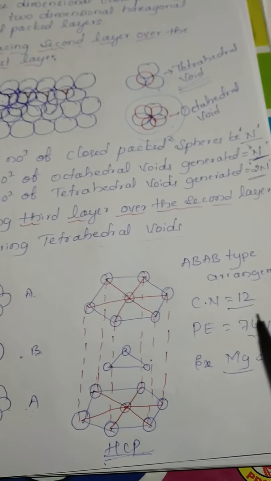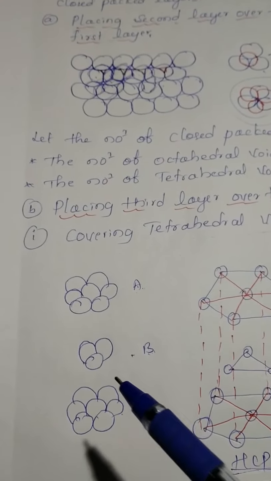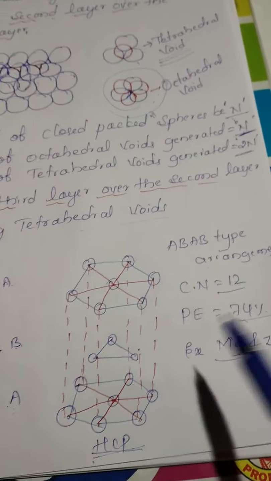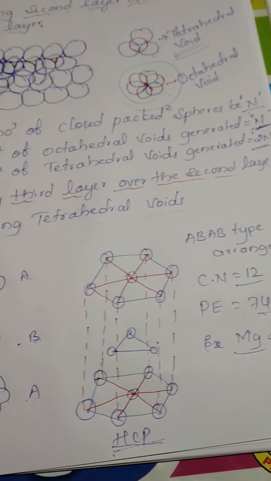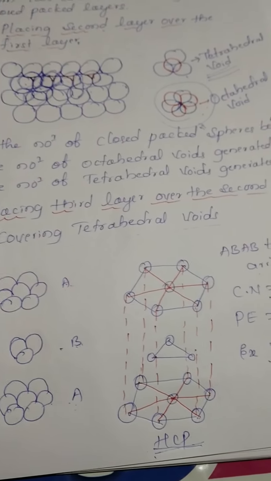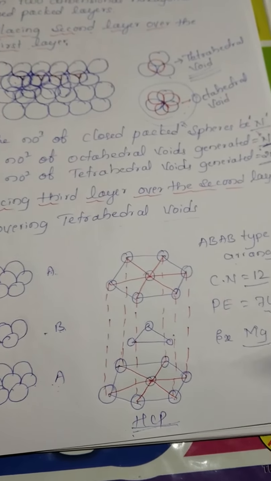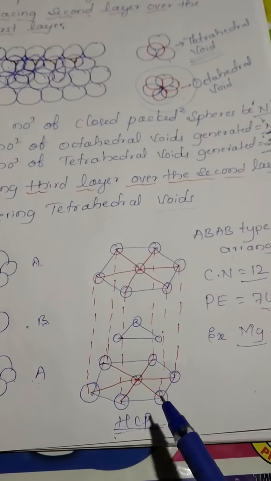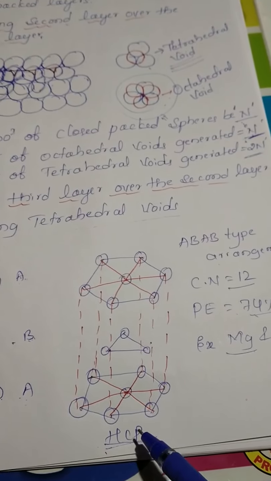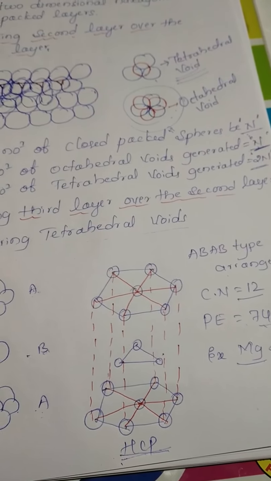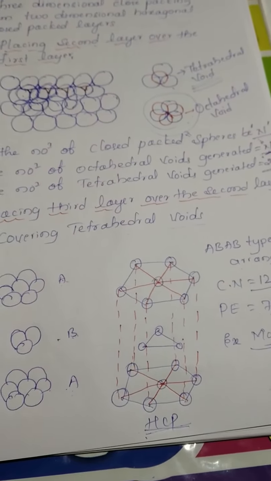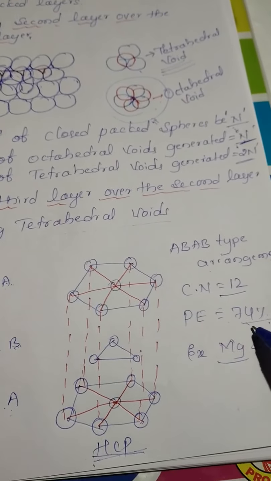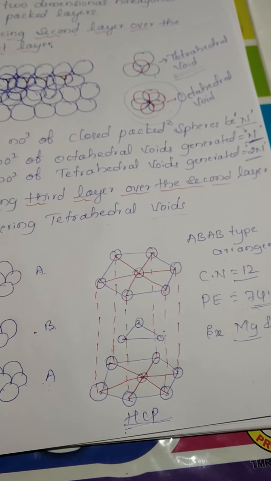Here the coordination number is 12 because each sphere is in contact with 12 of its neighbors. Packing efficiency is 74%, meaning that in the hexagonal close packed structure, 74% of the space is filled by the spheres, hence packing efficiency is 74%.